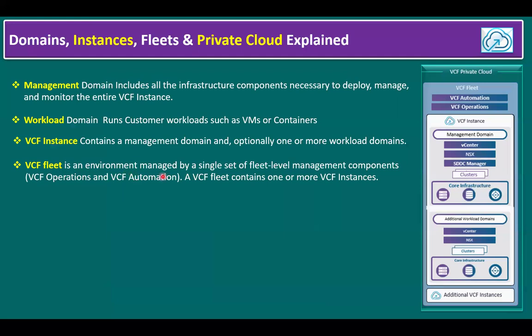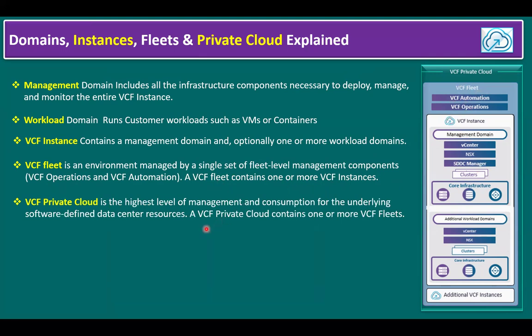A VCF fleet is an environment managed by a single set of fleet level management components, that is VCF Operations and VCF Automation. A VCF fleet contains one or more VCF instances. We already have one VCF instance in this architecture. We can also add additional VCF instances. This combination we call a VCF fleet.